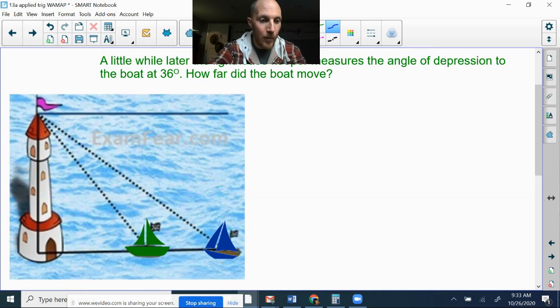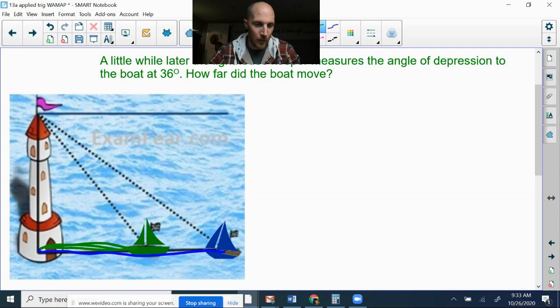So I found just a moment ago how far away the boat was at, we're going to call it the blue illustrated boat, right? So that was the 450 feet that we just got. So after the boat moves, angle of depression is going to be 36 degrees. I will be able in just a minute to find how far away the green boat is from the lighthouse, right?